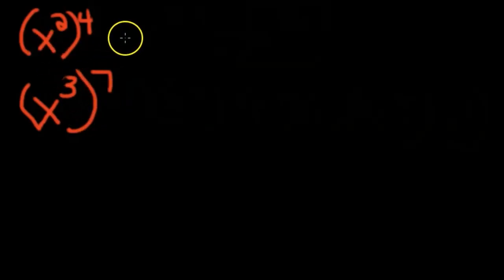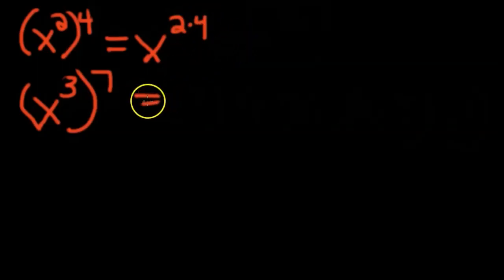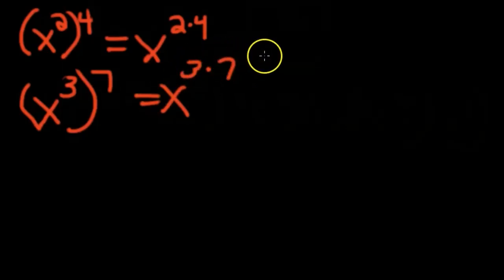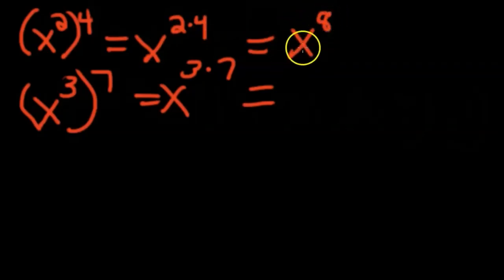So x to the 2 times 4, and this one's going to be x to the 3 times 7. Well, 2 times 4 is 8, so we have x to the 8th. 7 times 3 is 21, so we have x to the 21st power. That's all you have to do for those examples.